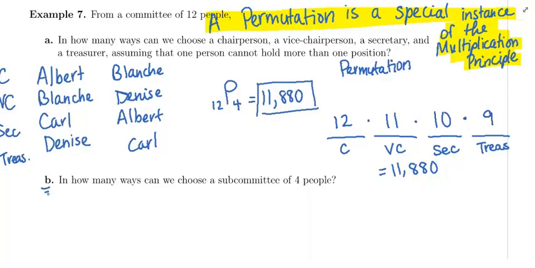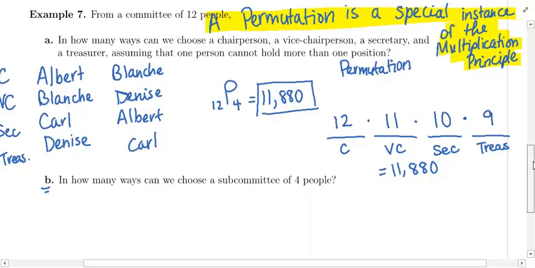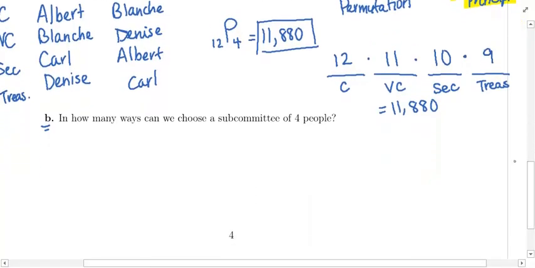But in part B, we're choosing a group of 4 people from the overall committee of 12, and we're not assigning titles. So it's a little bit of a different thing here. We're making a subcommittee, which is just a smaller committee of the larger committee.